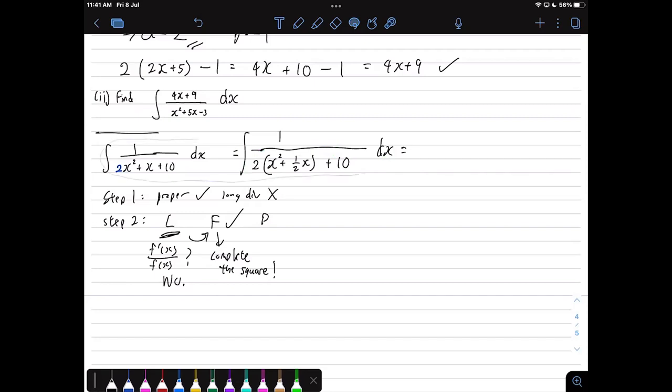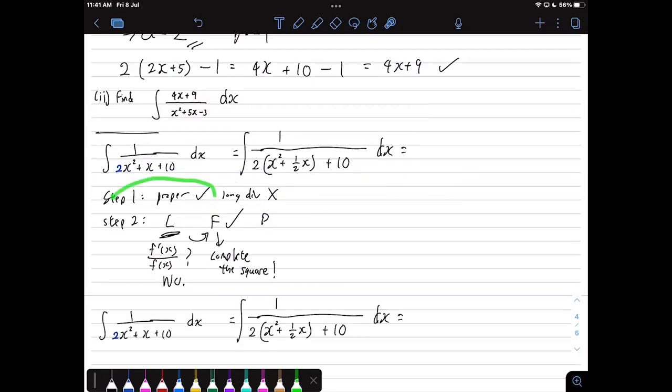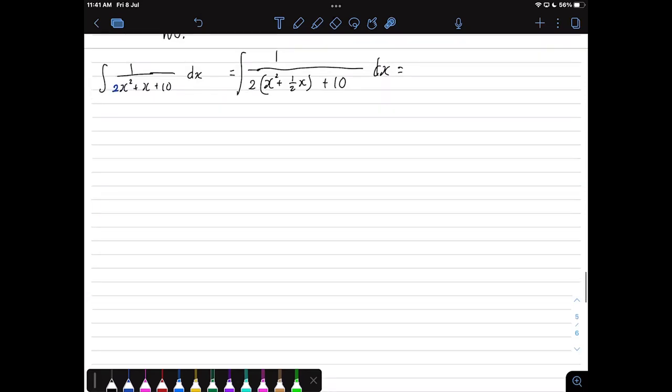Very painful. I'll just demonstrate to you how to do it. But this thought process you don't need to write down. Just think inside your head. I'm just going to skip the thought process and just do it. So continue: integral dx, complete the square, 1 over. Let me copy and paste this so I don't have to keep writing this out. Okay, use it later. So 2 bracket.